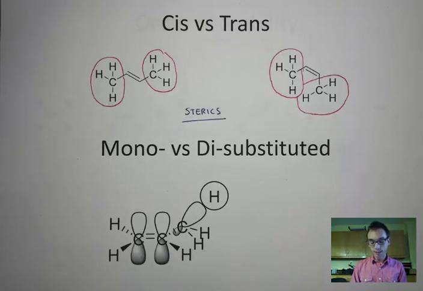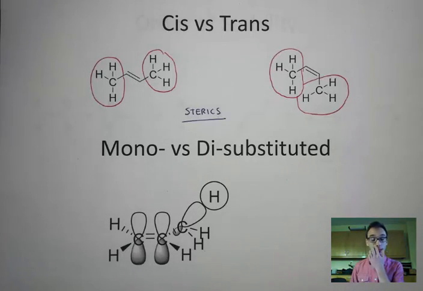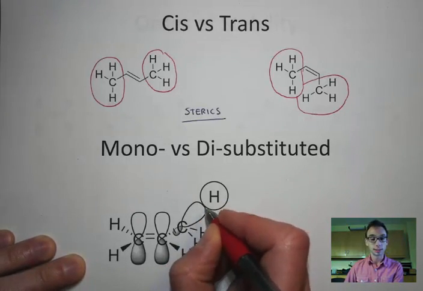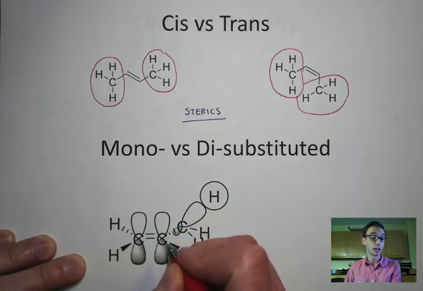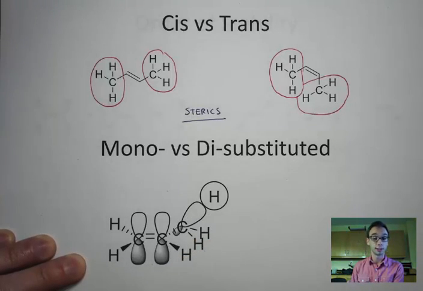So the reason that monosubstituted is less stable than disubstituted is a little bit trickier. So if you'll remember back when we talked about carbocations, more substituted are more stable. So tertiary is more stable than secondary, which is more stable than primary. And the reason for that was that these other carbon-hydrogen bonds next door can donate electrons into the p orbitals of the carbocation. So the same thing is true for an alkene.